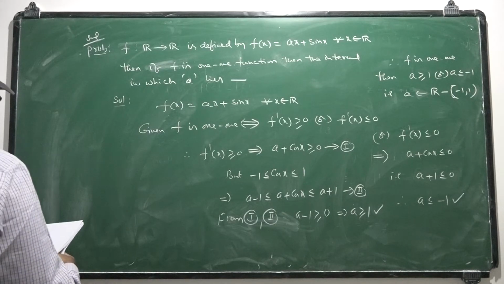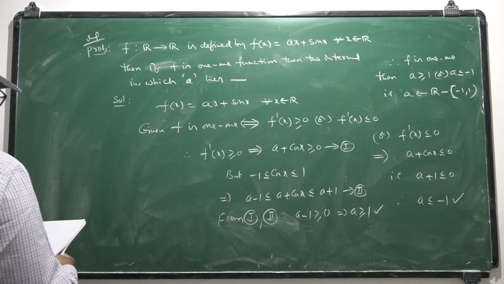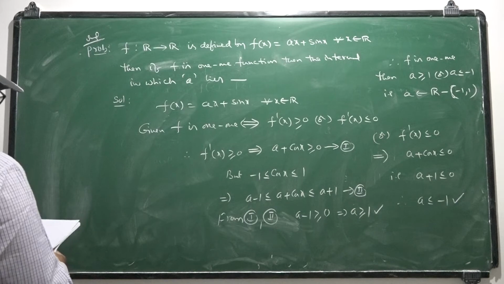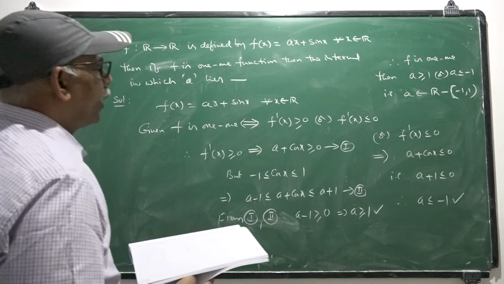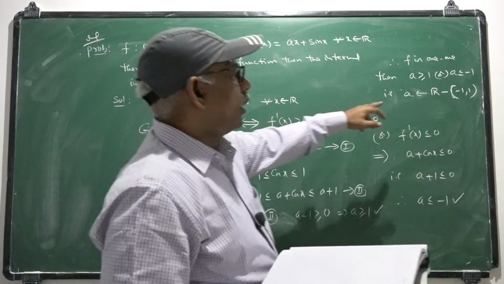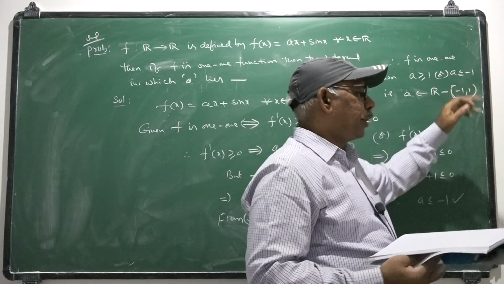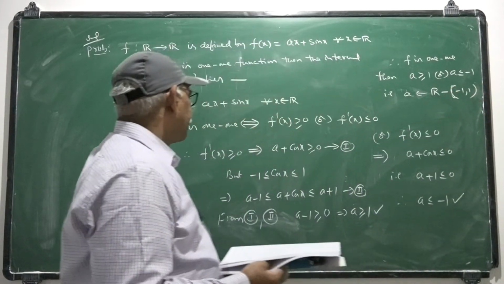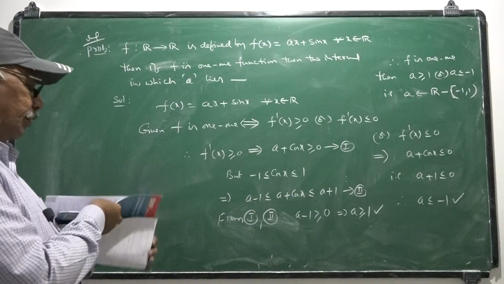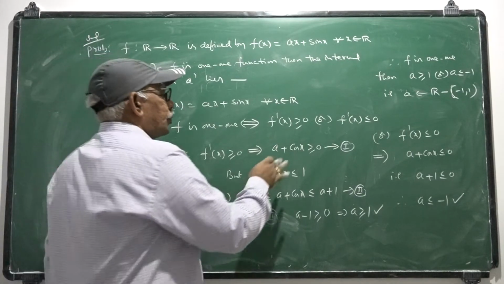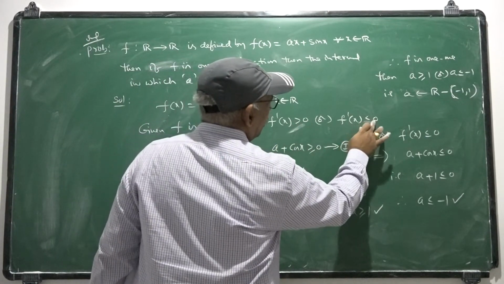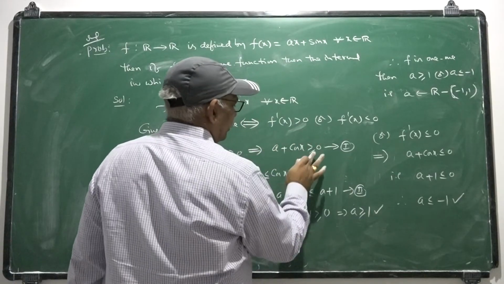Of course, here f dash x is greater than 0. Here we will get a closed interval. Strictly increasing, of course, not equal; don't take strictly increasing.